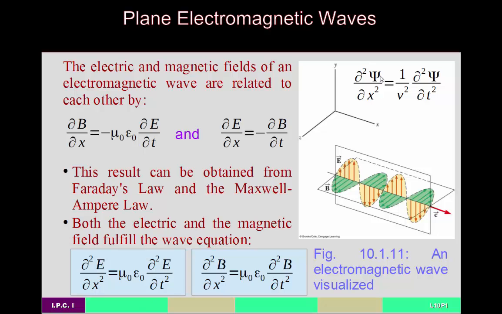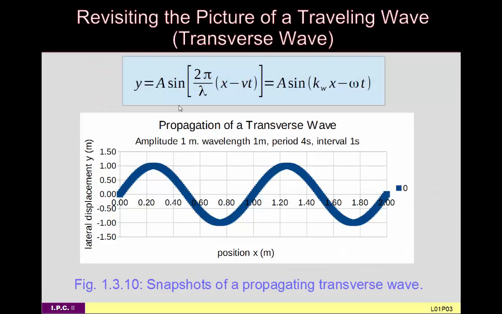If you look at a mechanical wave, the function is usually something like displacement equal to the maximum displacement times the cosine of some phase term. You may recall back when I did the lecture discussing mechanical waves and looking at the picture of a traveling wave, this is a snapshot of, for example, a wave on a string. Each of these points might represent the displacement of a single section of the string from the equilibrium position, which would be 0.